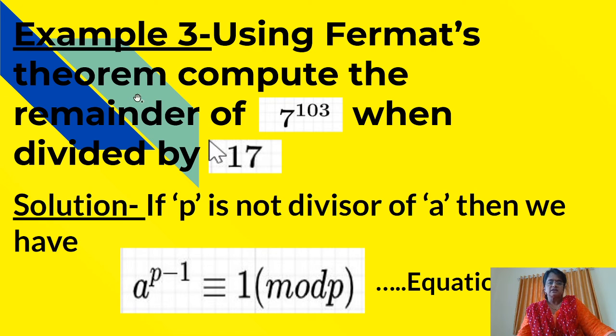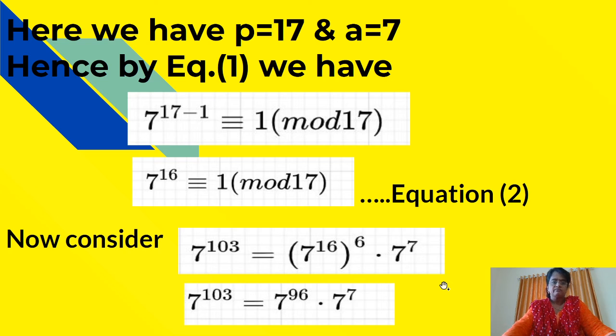Using Fermat's theorem, compute the remainder of 7^103 when divided by 17. We know that if P is not a divisor of A, then we have A^(P-1) is congruent to 1 mod P. Suppose this is our equation number 1.